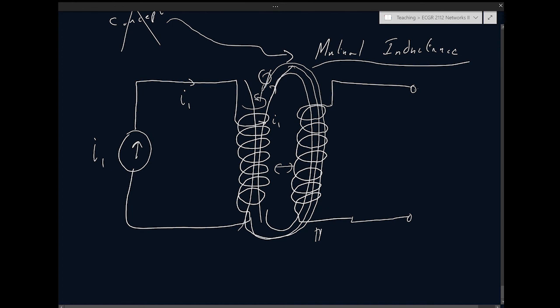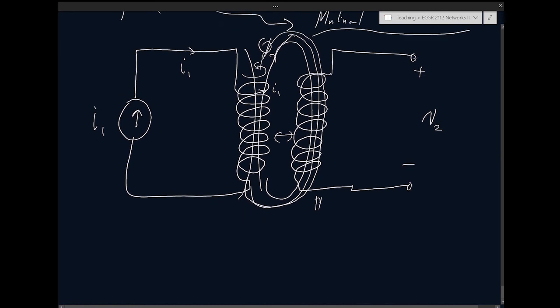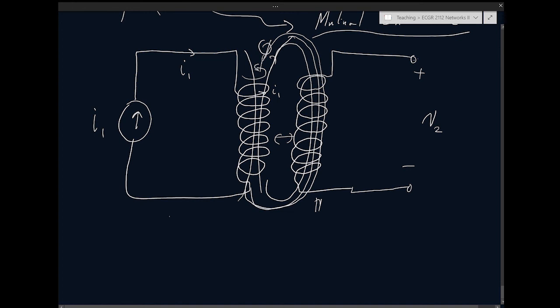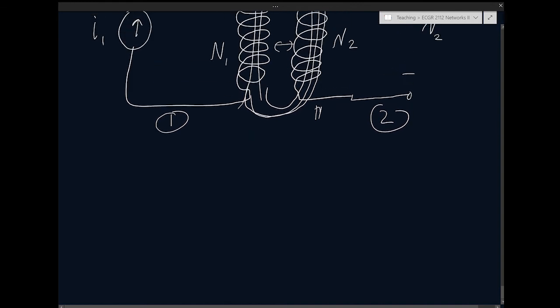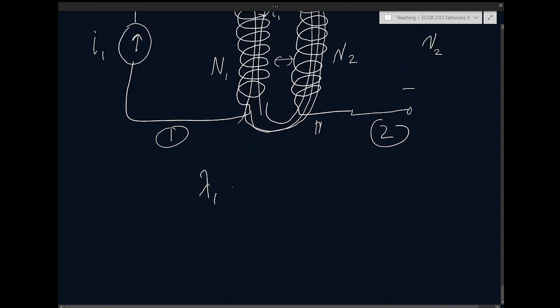So let's assume the other circuit is just open from that side, and there is V2. Now we have circuit 1 and circuit 2, and we have coil 1 and coil 2. Coil 1, let's say it has N1 turns, coil 2 has N2 turns. So what is the flux linkage for coil 1? It's just N1 phi, and we said we lump this as L1 I1.